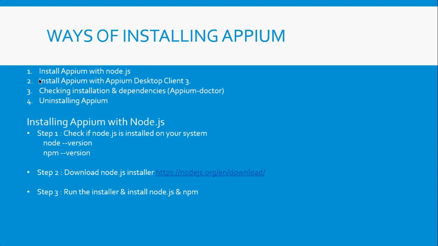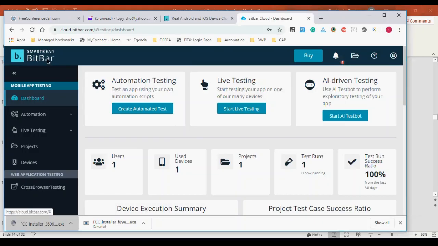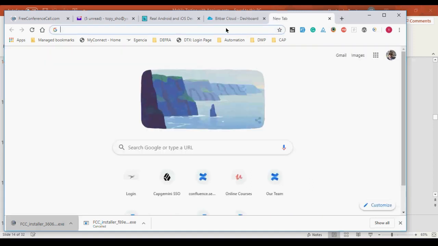All right, so I think I'll just leave this for now. For manual testing, an example of a mobile testing tool that has emulators is SmartBear BitBar.